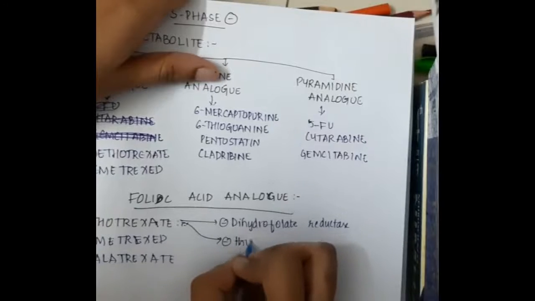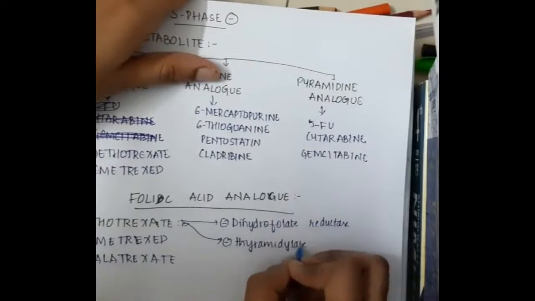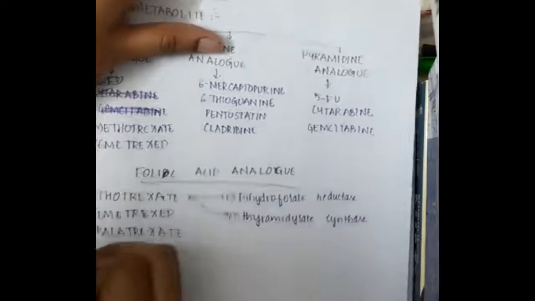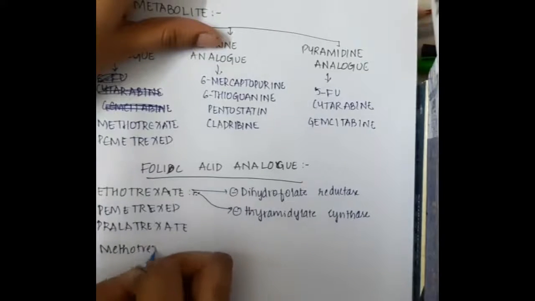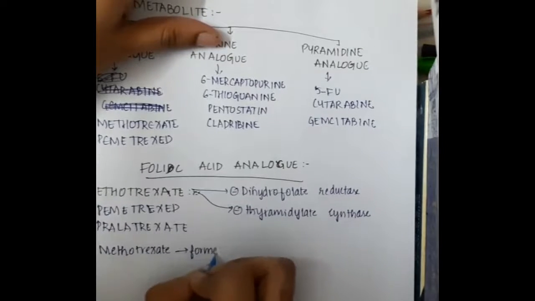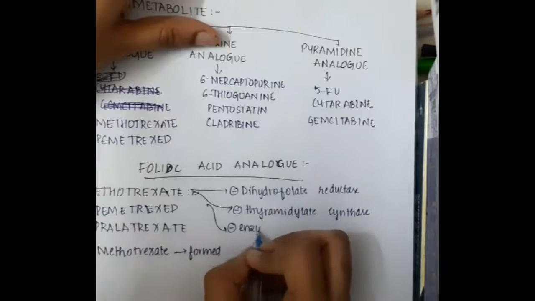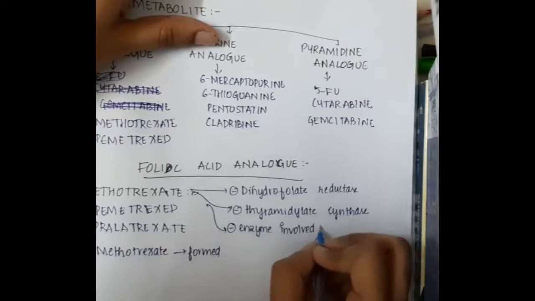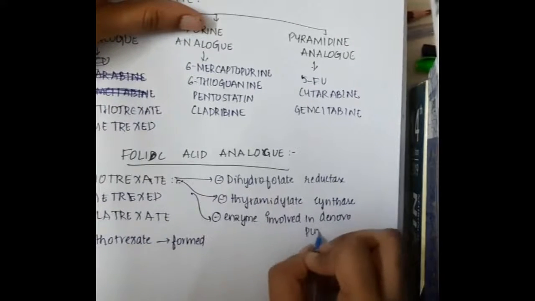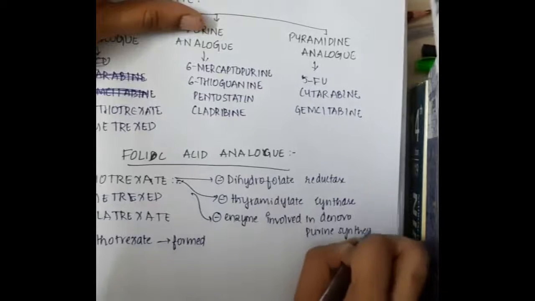Methotrexate also inhibits thymidylate synthase, and it will also inhibit the enzymes which are involved in de novo purine synthesis.